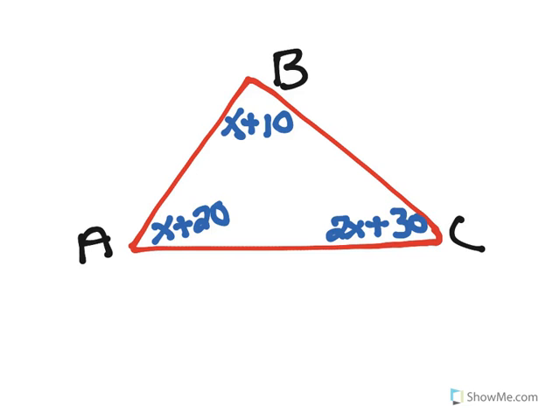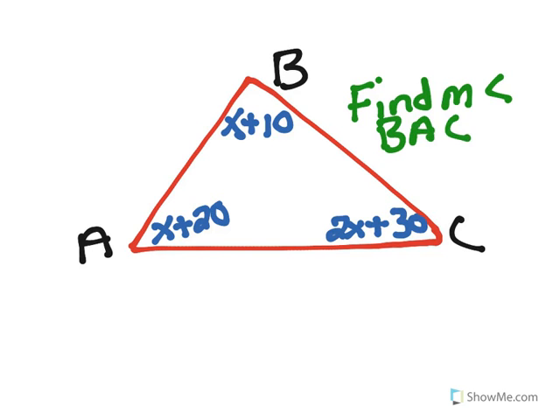So we know that our triangle has 180 degrees in it. Let's see, I should probably identify. Let's find the measure of angle BAC. So we are looking for this angle right here, which is x plus 20. Now, in order for us to find that, we're going to first need to be able to figure out what x is.